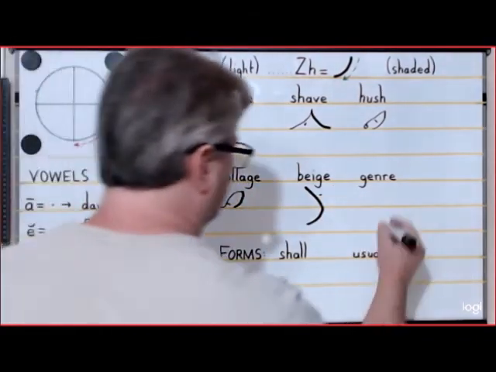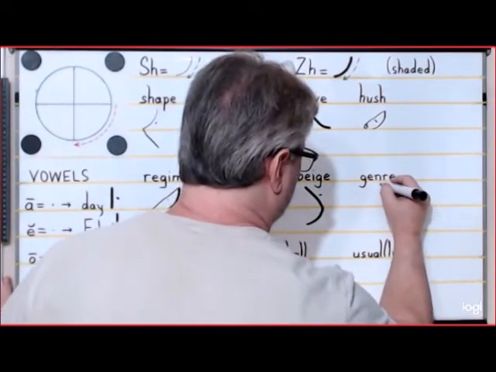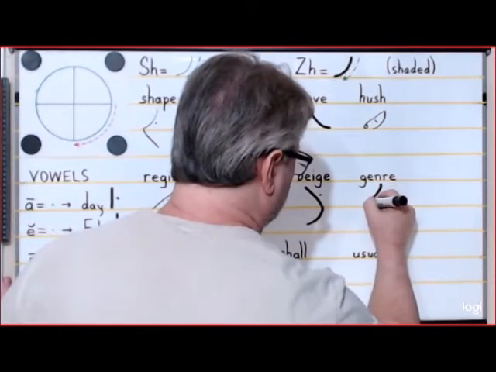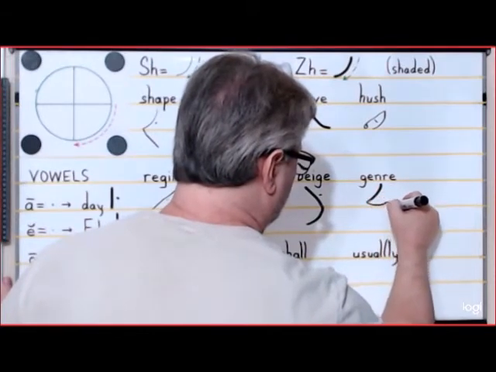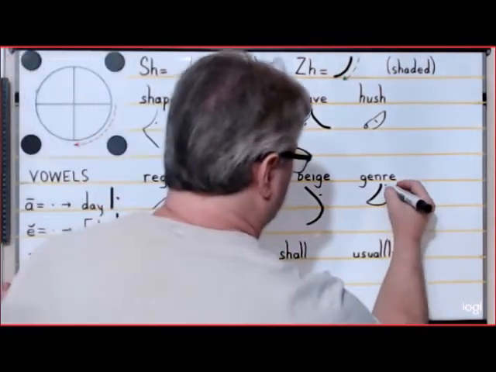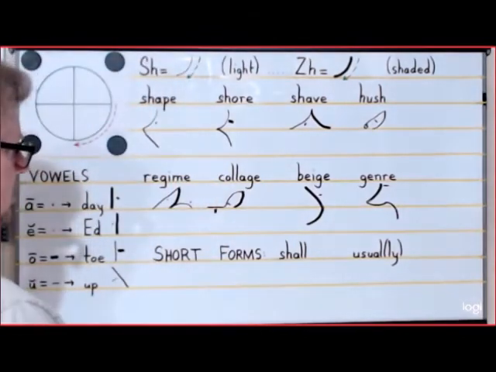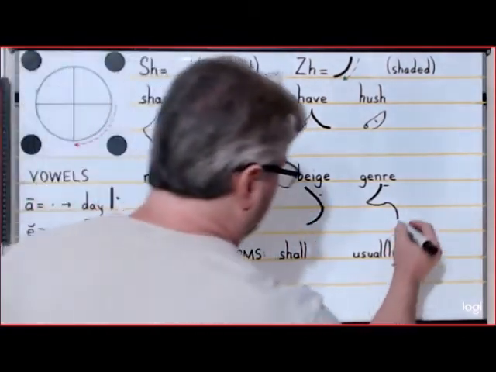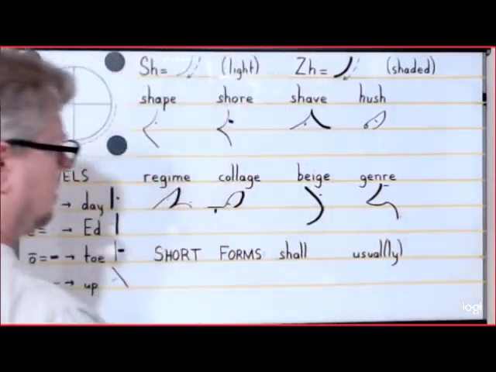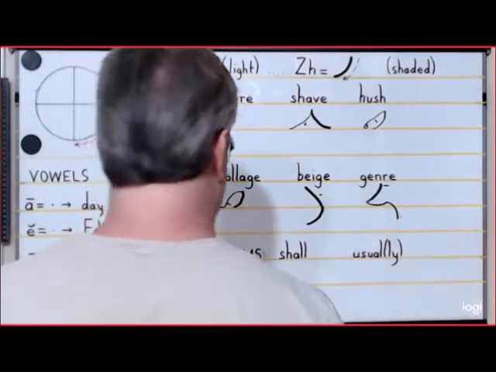Genre, we will start above the line and a ZH here, and then an N, then downward R. Now for the vowels here, this will be a light dash for the ah sound in genre, and then a light dot in the third position for the short I sound in genre.